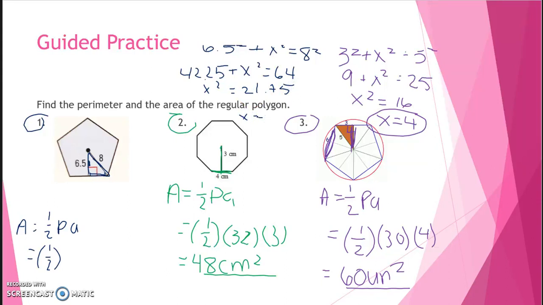Take the square root of both sides. You get about 4.66. So from here to here is 4.66.